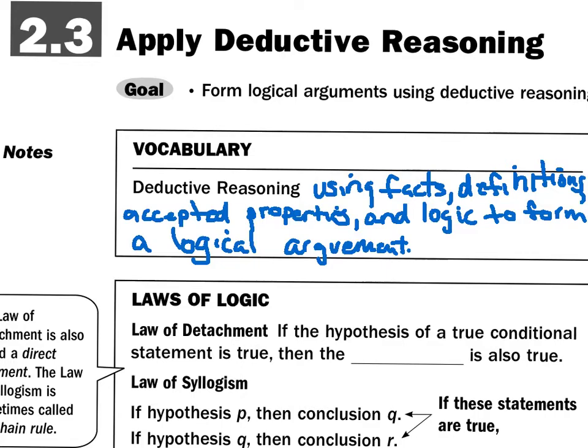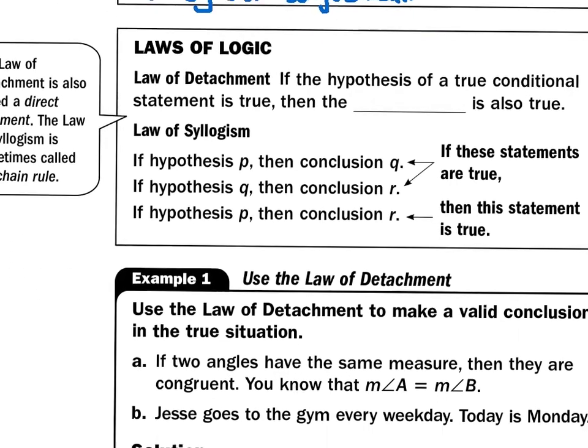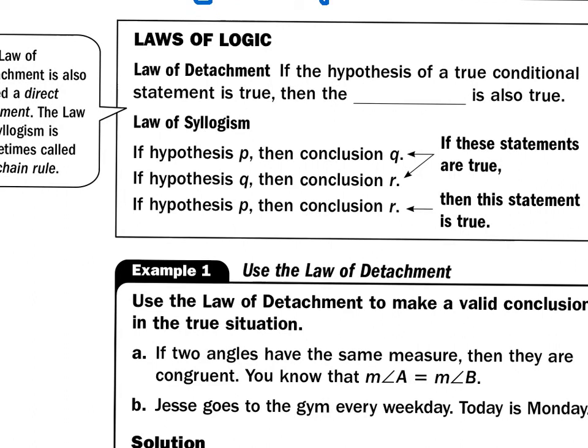Okay, laws of logic. You may have had these before in a logic class. So if you did, that's cool, and these will be easy. The law of detachment says if the hypothesis of a true conditional statement is true, then the conclusion is also true.